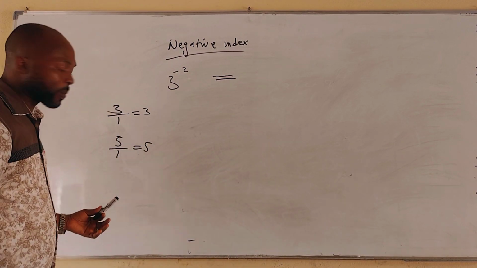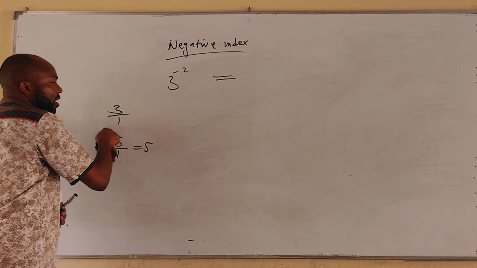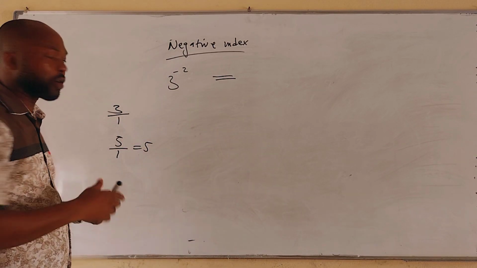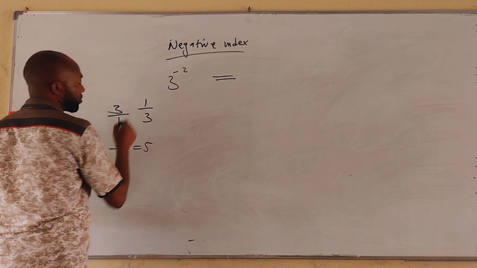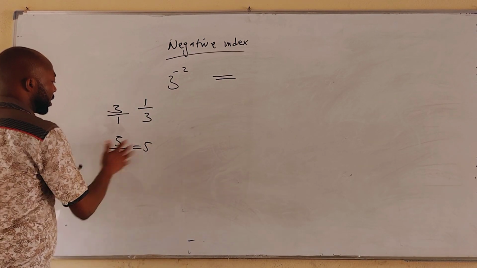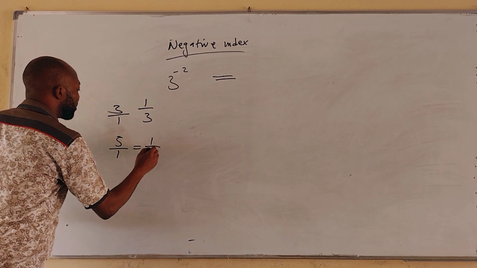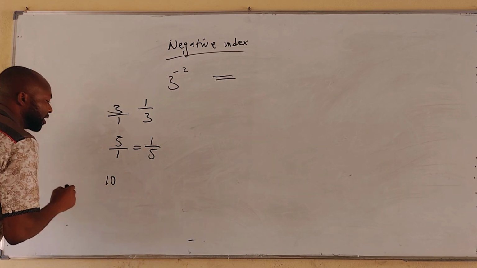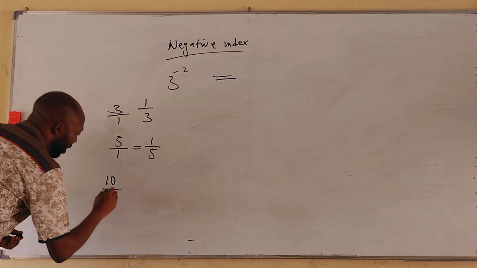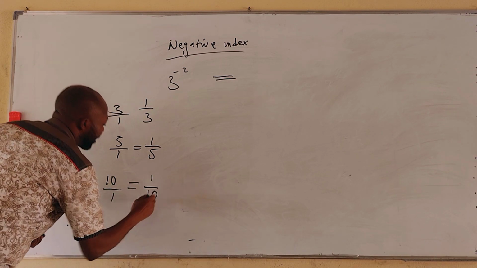So now, if this is the same thing as 3 over 1, what is the reciprocal of this number? The reciprocal becomes 1 over 3. So for 5, the reciprocal is 1 over 5, because I know that this number 10 is the same thing as 10 over 1. The reciprocal of 10 is 1 over 10.